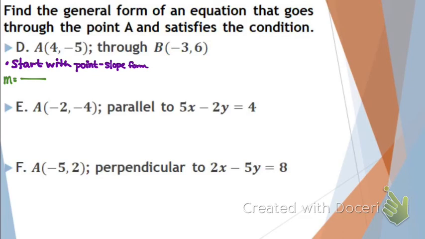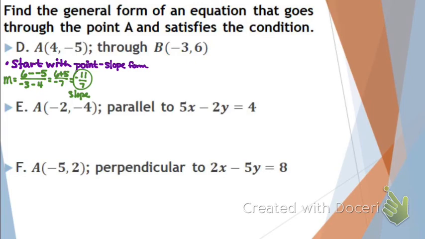I need rise over run. 6 minus negative 5, so 6 plus 5, over what? Negative 3 minus 4. 6 plus 5 over negative 7, so I have negative 11 sevenths for my slope. So far, so good?